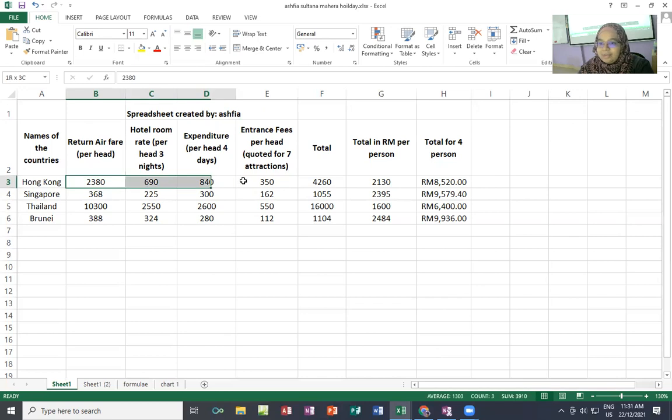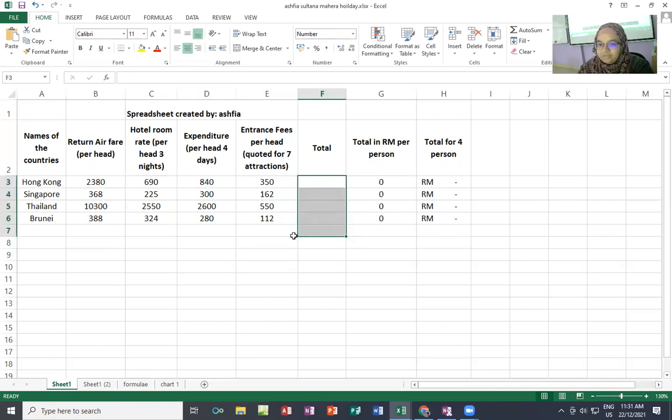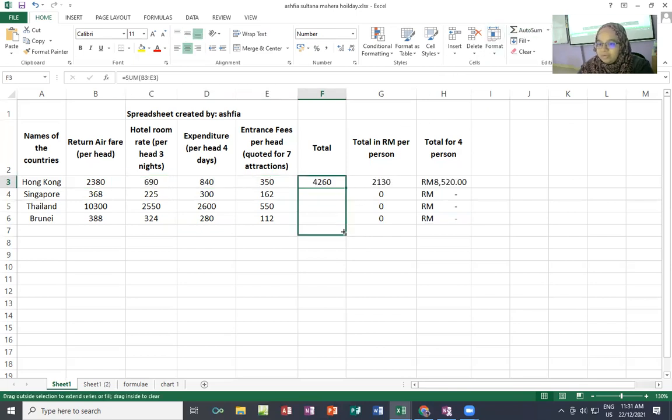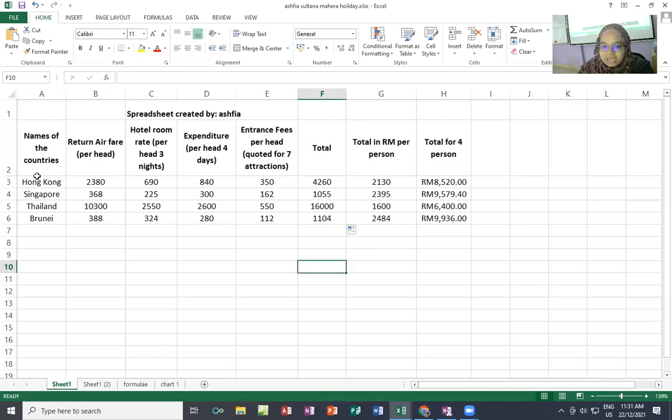So you total up everything here. Sum. Summarize all. So now you get the total in its own currency.